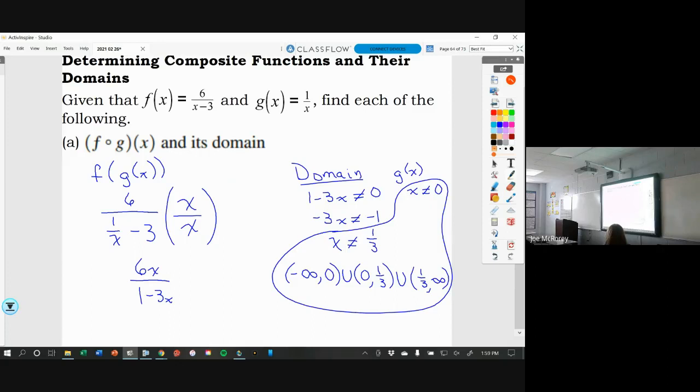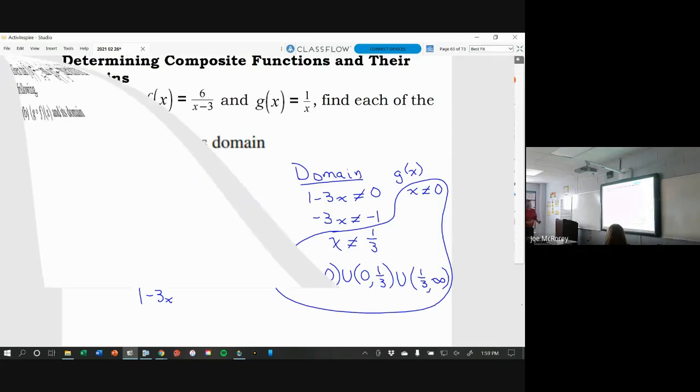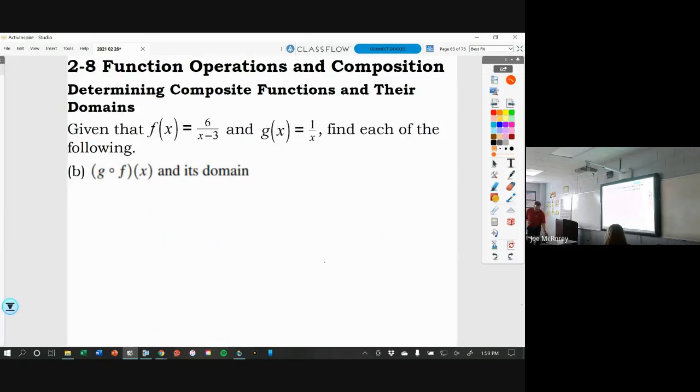We're about to flip it around. Same functions for f and g, but now we want g of f of x. Which means I'm going to take the g function, 1 over x, and replace that x with the f function.